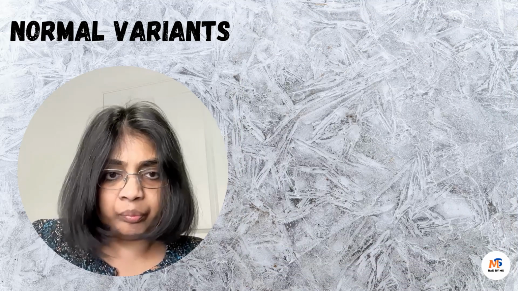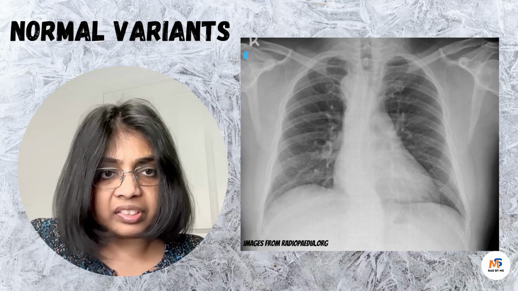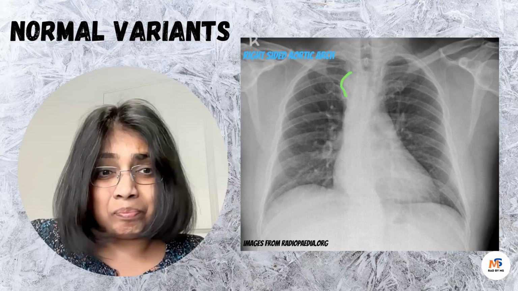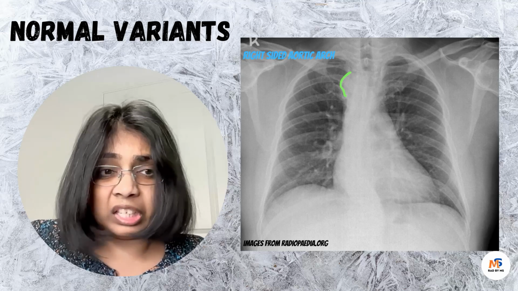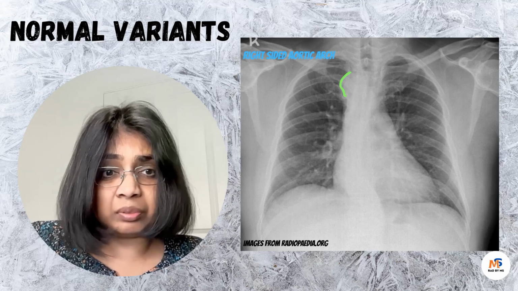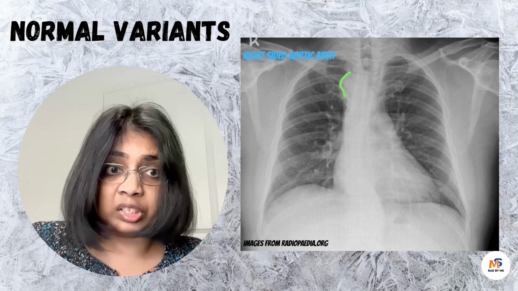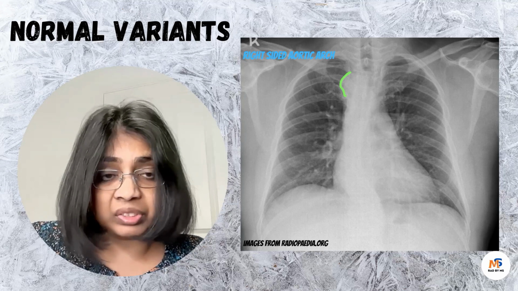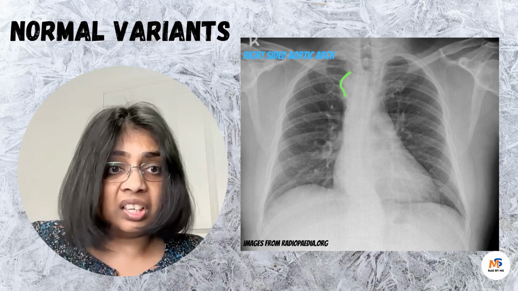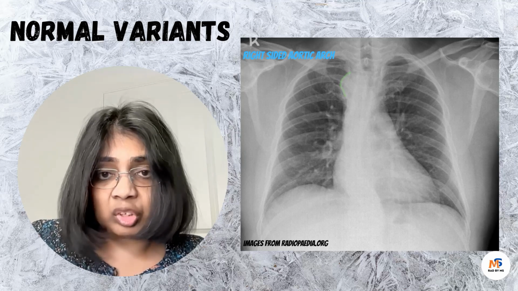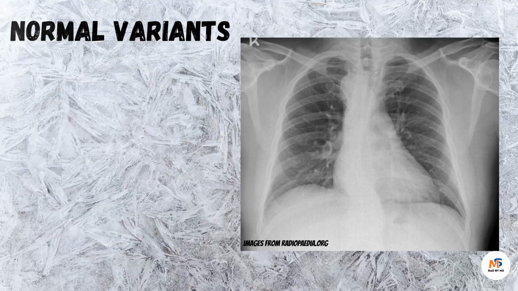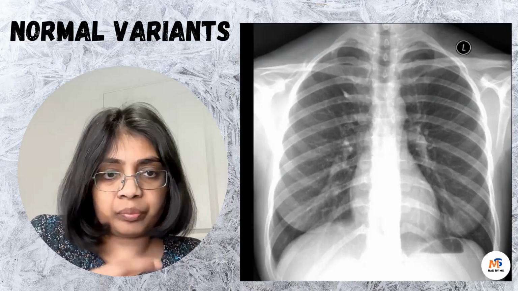Next, the right-sided aortic arch. This typically can be asymptomatic, or it could be part of pathology with congenital heart disease. Next, the azygous fissure.